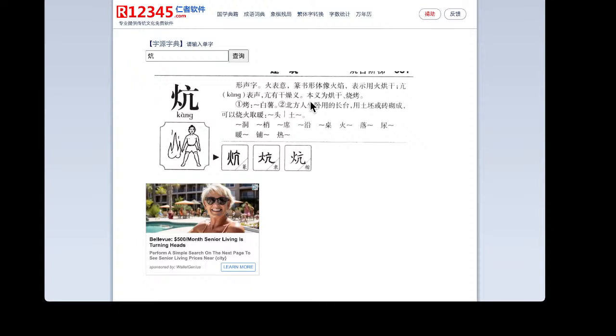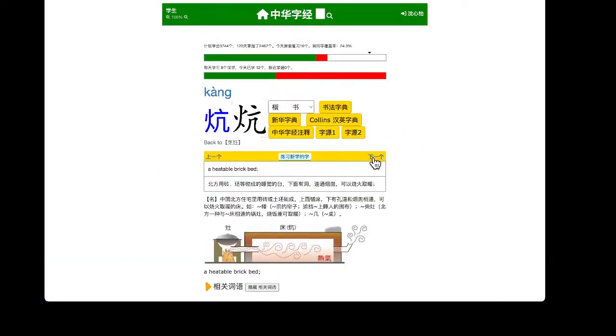That's what the kan means. And so basically you can see that you're getting dryness and excitement with the fire. Okay, so that's how they built this character. So this is kan.